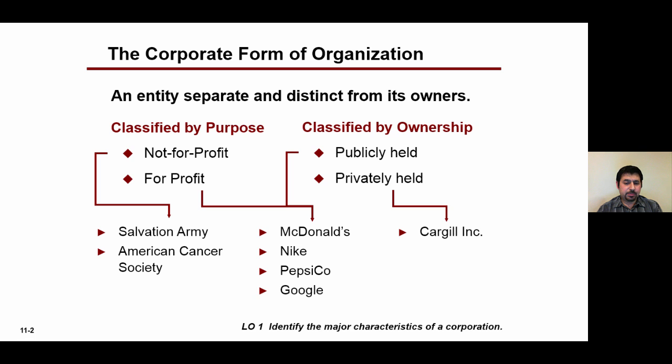And for example, Deloitte is a privately held company. Here the main difference is that publicly held companies have their stocks in the stock market and can be traded on the stock exchanges, whereas privately held companies cannot be traded on the stock market.